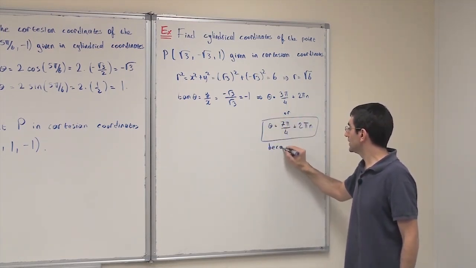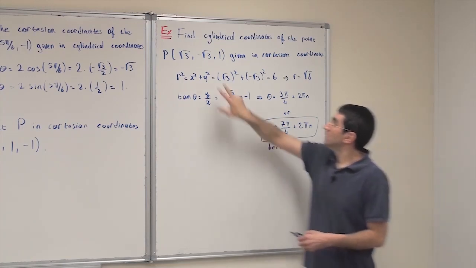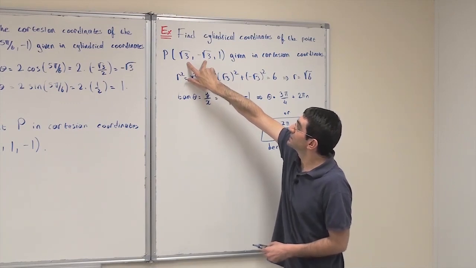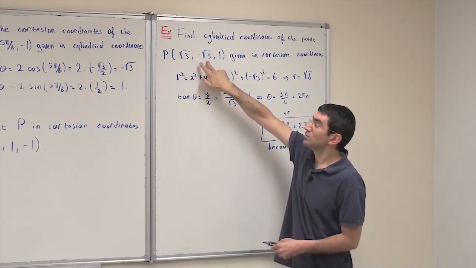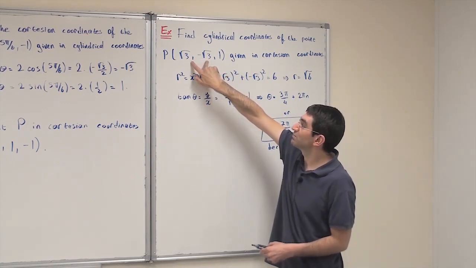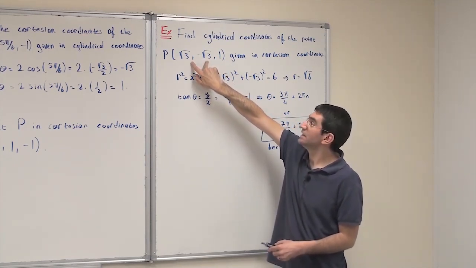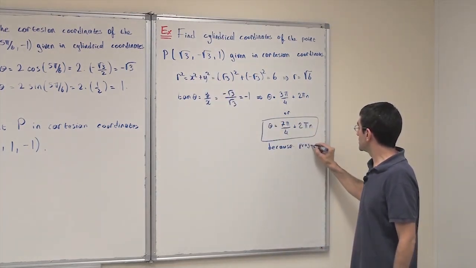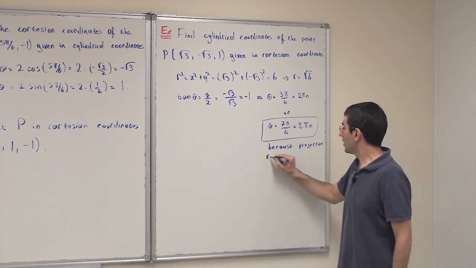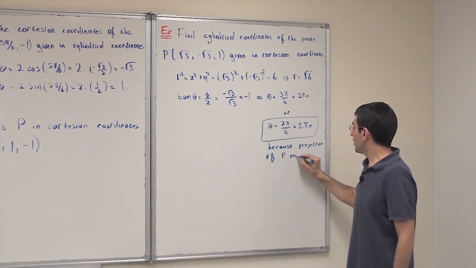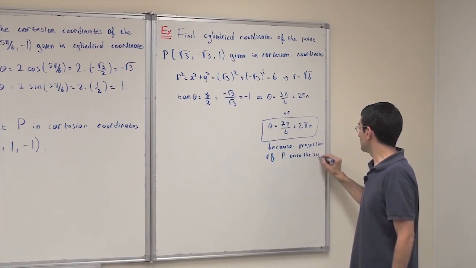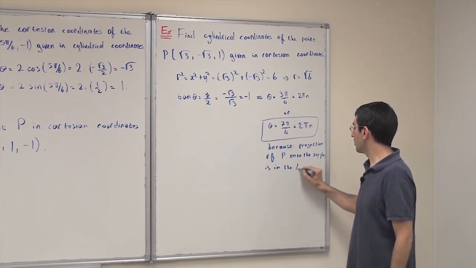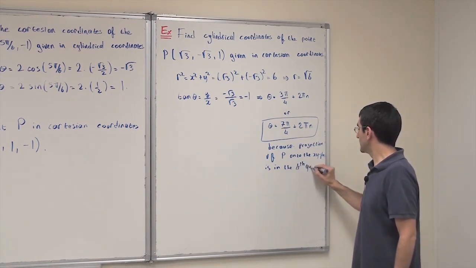It's because, if you check the x and y coordinates of the point, it's positive x and negative y, which means that the projection of this point P onto the xy plane is in the fourth quadrant.